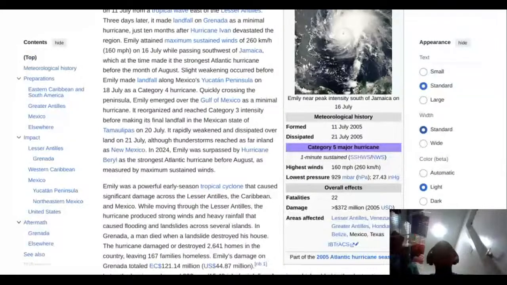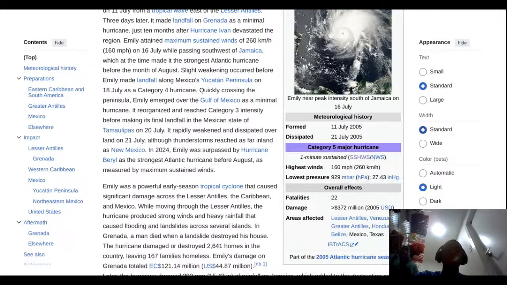This hurricane caused the super major outbreak between Alabama, Illinois, and Nebraska for tornadoes. This was a Category 5 major hurricane with 160 miles per hour, causing 22 fatalities. And this was part of the 2005 Atlantic hurricane season.